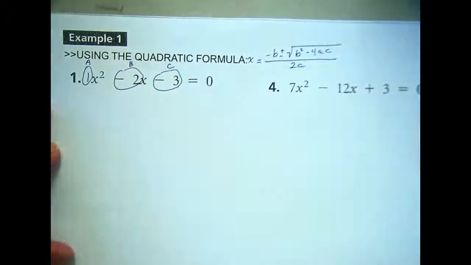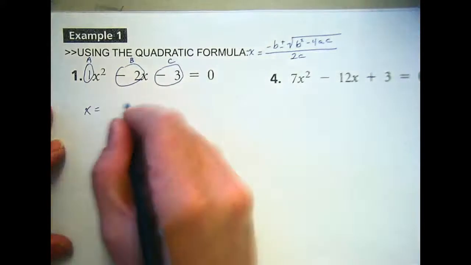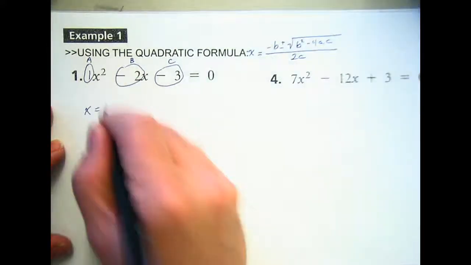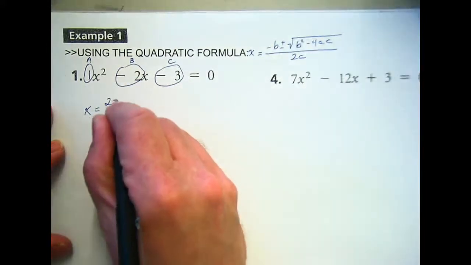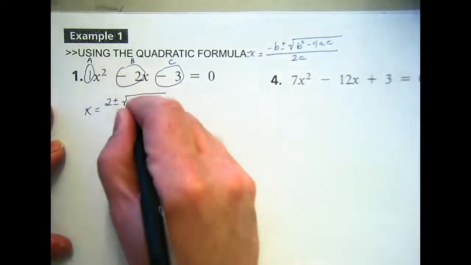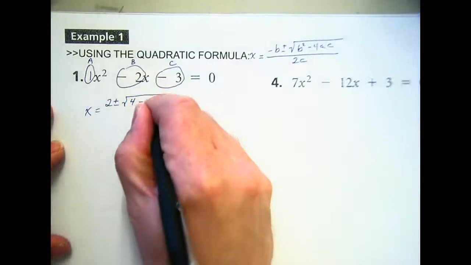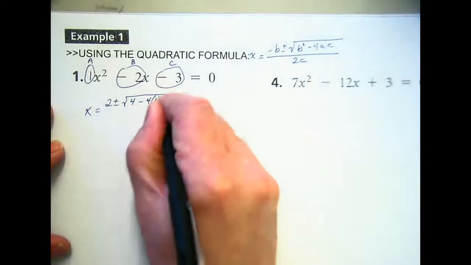And notice I circle that negative with it. So when I'm putting this in, x equals the opposite of b. Well, if b is negative, the opposite of it is positive, plus or minus square root of b squared. Negative 2 squared is 4, minus 4 times a times c.